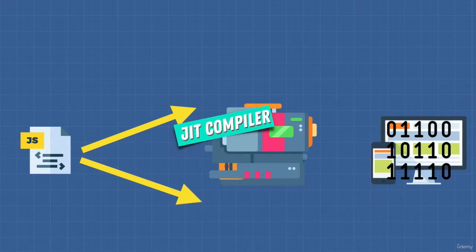And this is exactly what browsers started doing. Browsers started mixing compilers, specifically these JIT compilers, for just-in-time compilation to make the engines faster. So let's see how the V8 engine does this underneath the hood in order to use the best of both worlds.